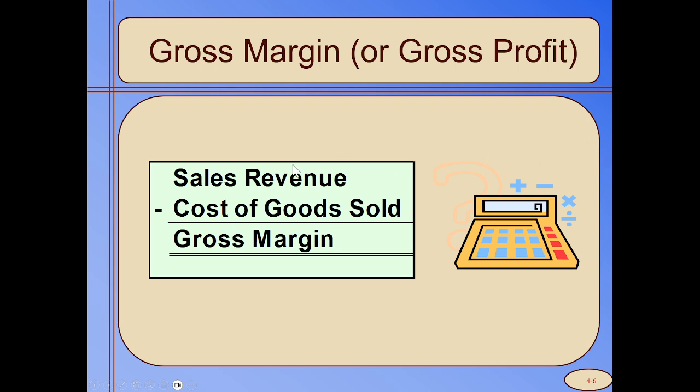The difference between the sales revenue and the cost of goods sold is called gross margin or gross profit. Selling and administrative expenses are subtracted from gross margin to arrive at net income.